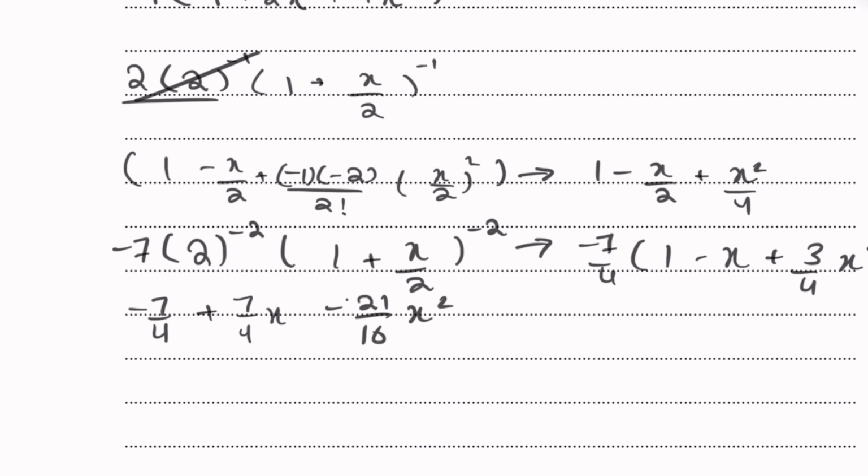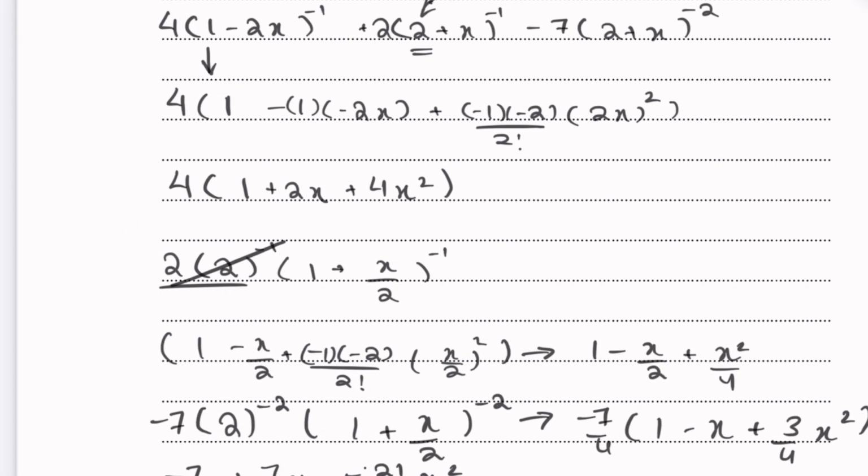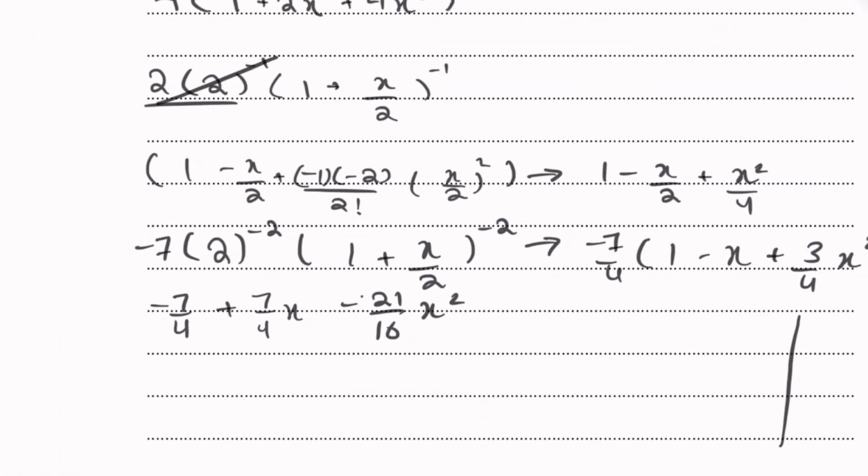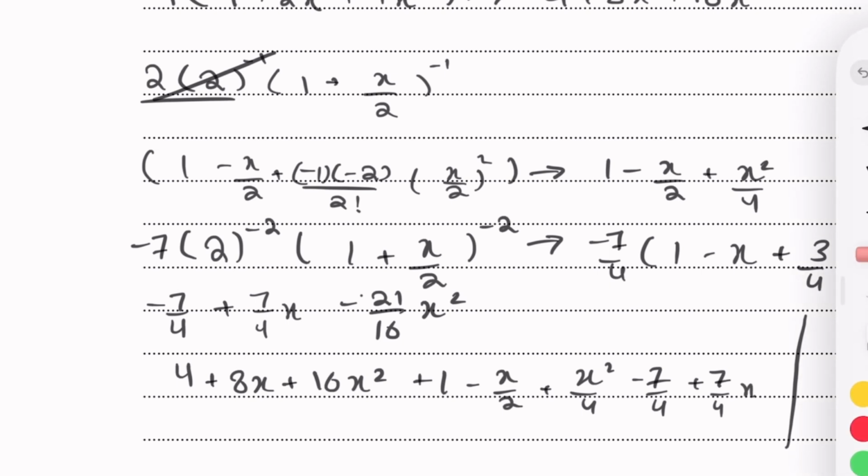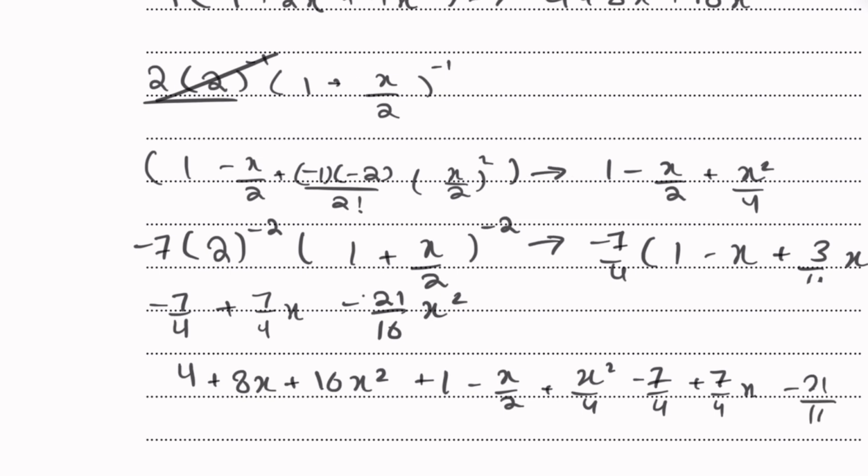Now adding all these things together, you will get 4 into 1 plus 2x plus 4x squared. This can be written as 4 plus 8x plus 16x squared. And then plus 1 minus x over 2 plus x squared over 4, minus 7 over 4 plus 7 over 4 x, and then minus 21 over 16 x squared.